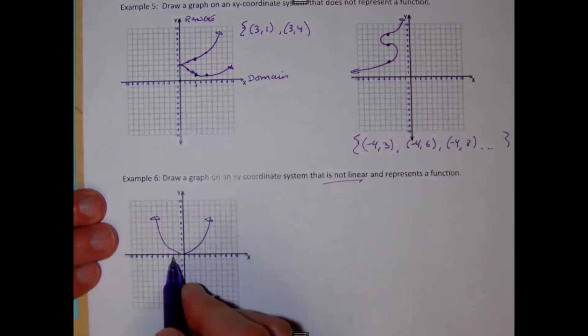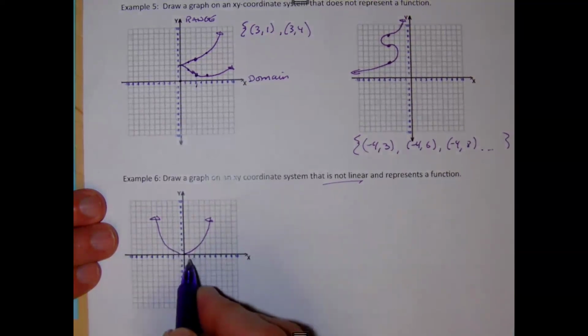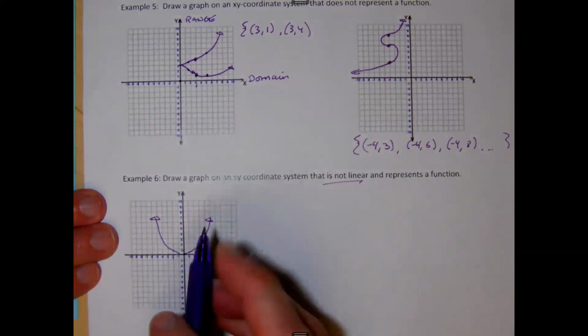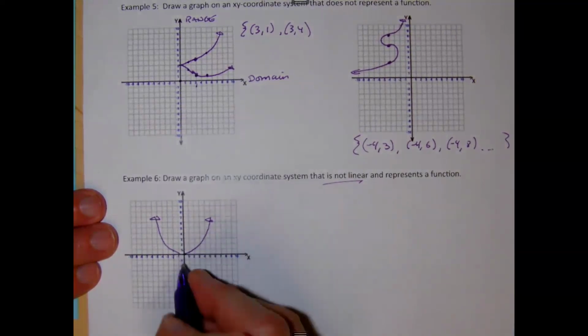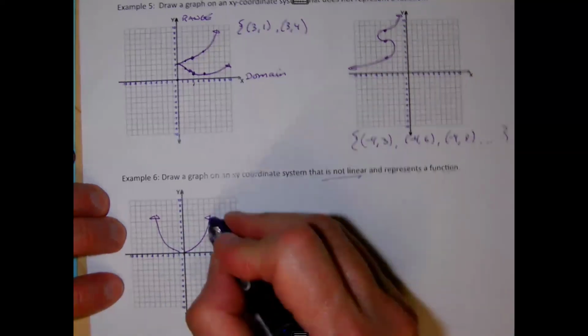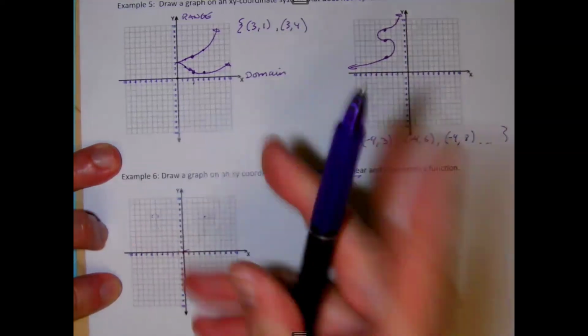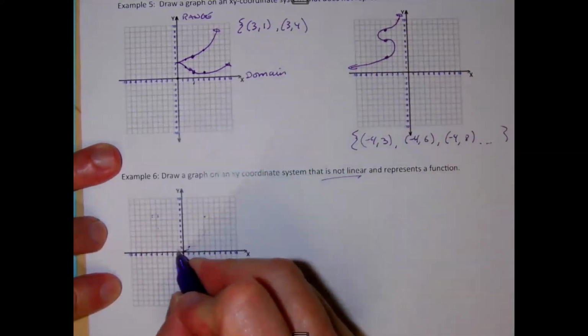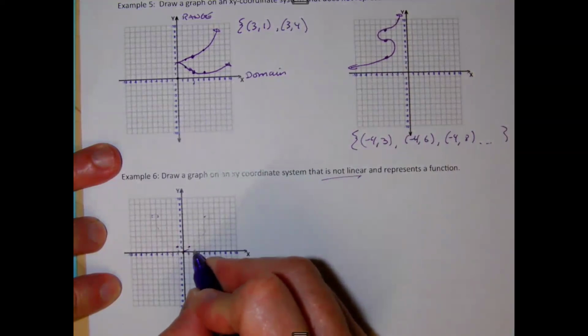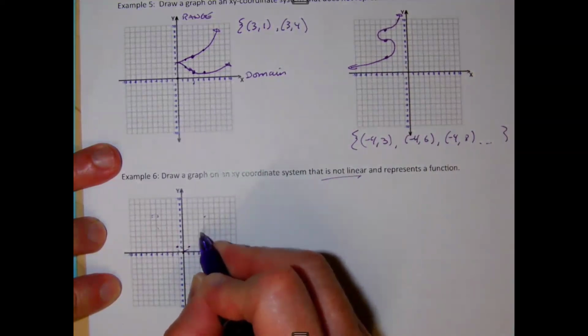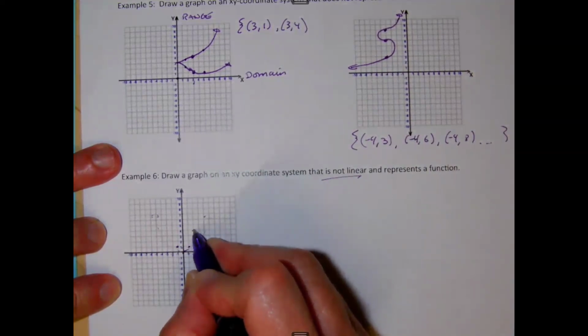Every input here, I get exactly one output. Input, output. Now, that output is not necessarily unique. So, for example, I'm going to do it one more time and be a little more precise. So 1, since I said I was going to draw a quadratic, 2 gives me 4.